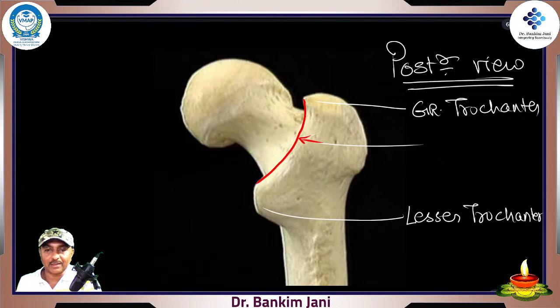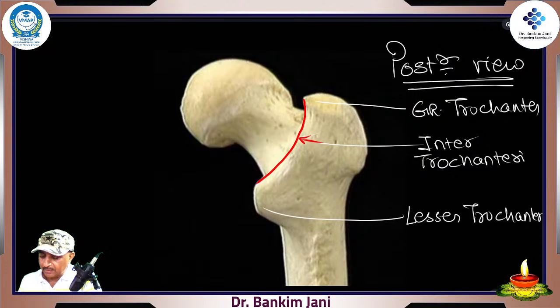So it is called inter, between two trochanters, so intertrochanteric crest. Right? So that's again a new word. Remember, the intertrochanteric crest is seen on the posterior aspect. That is so important. It is seen on the posterior aspect.